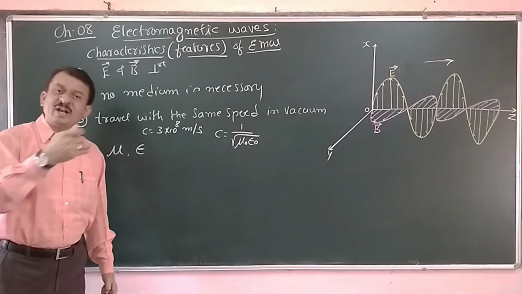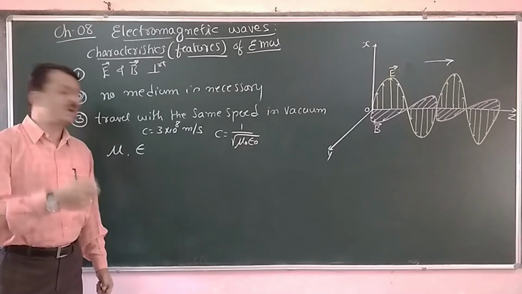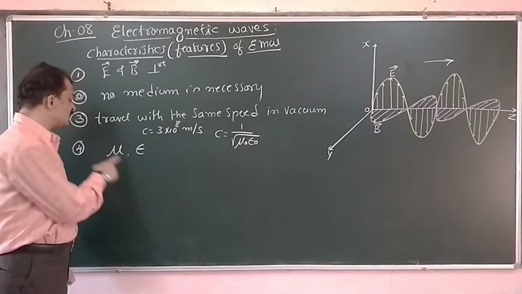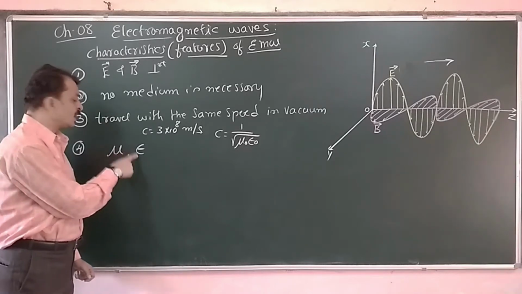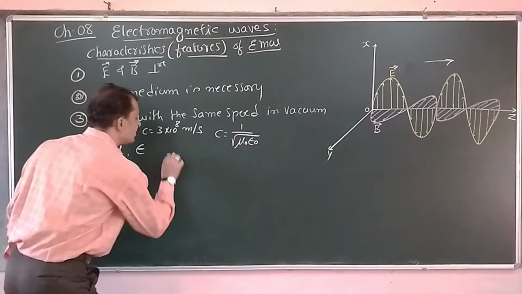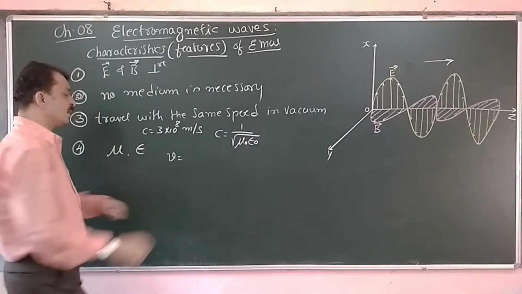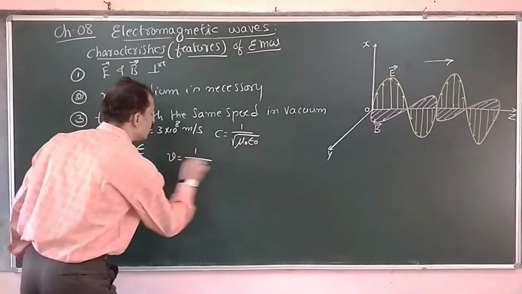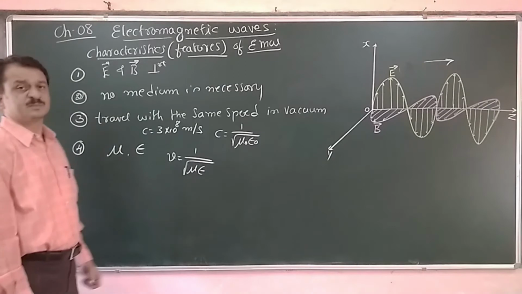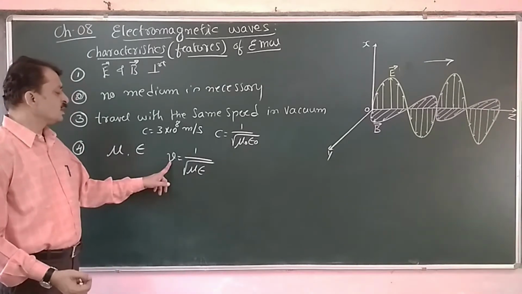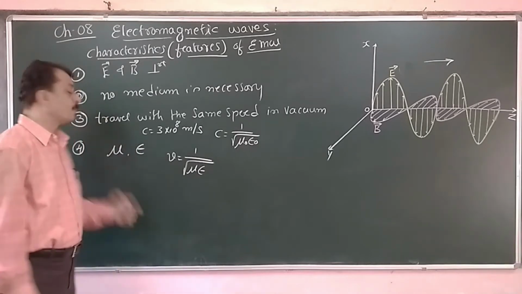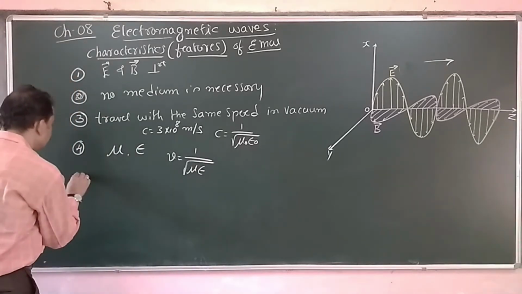Therefore, the speed of the electromagnetic wave in a medium is given by 1 upon square root of mu into epsilon. You should remember that one. That is the fourth property.